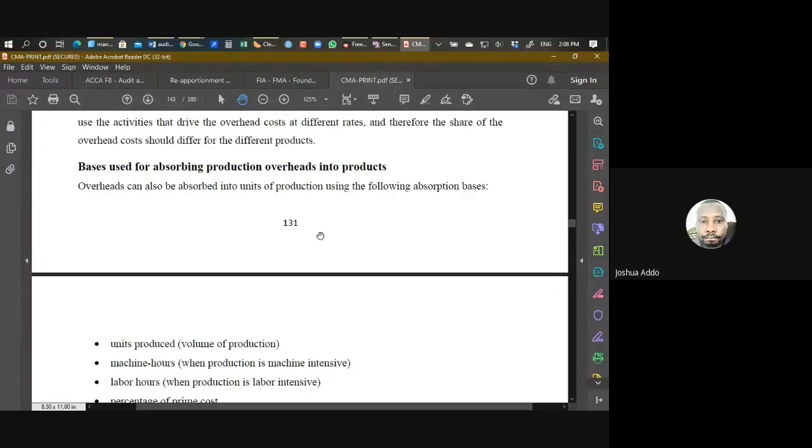So if we are producing only Sobolo, and we have incurred a total indirect cost of, let's say, 1,000 Ghana cedis, Sobolo is not sharing that 1,000 Ghana cedis overhead with any other product. It is for Sobolo alone.